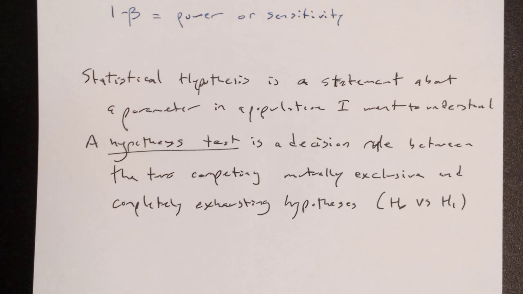So if I say in my population, the average is 5, then I go and I take a sample. What should I expect to see?